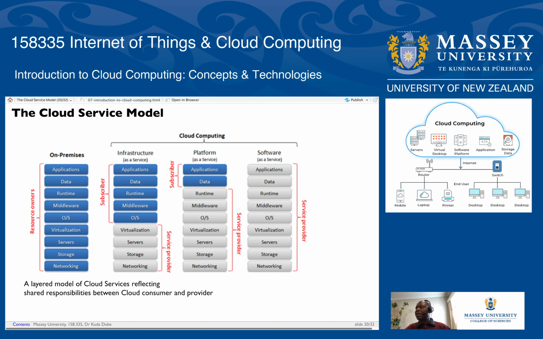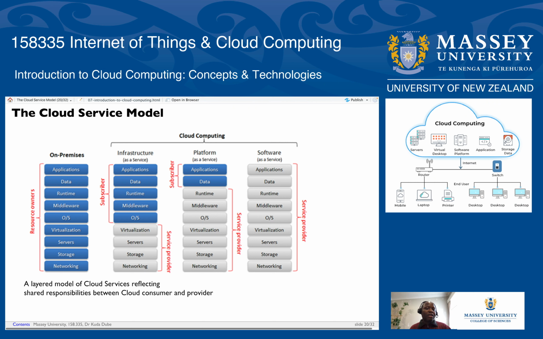When we say shared responsibilities, we mean the entire infrastructure is provided in a layered structure, and for each layer potentially either the consumer or the provider can be responsible. So the various cloud services, we will look at all these things.